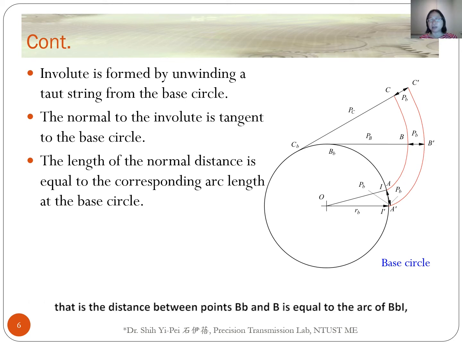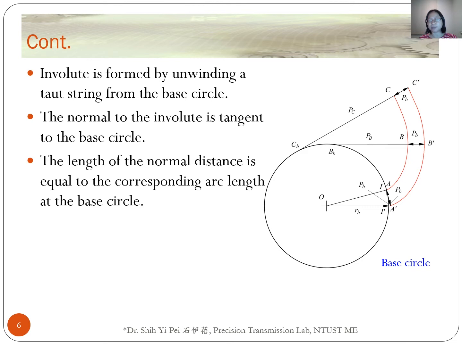That is, the distance between points BB and B is equal to the arc of BBI. The distance between points CB and C is equal to the arc of CBI.